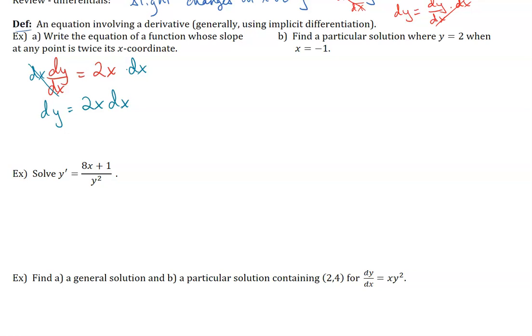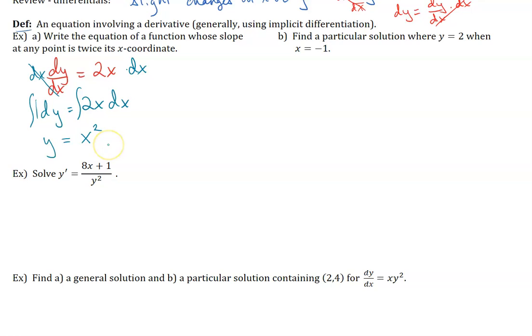Now, from here, this should look a little bit like what we've been doing in 3.8, when we did antiderivatives. And so what we can do is apply an antiderivative to both sides of this equation. The antiderivative of 1, so there's a 1 right here, the antiderivative of 1 with respect to the variable y is y. And then over here, the antiderivative of 2x with respect to the variable x is x squared.